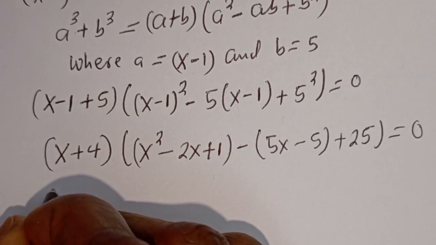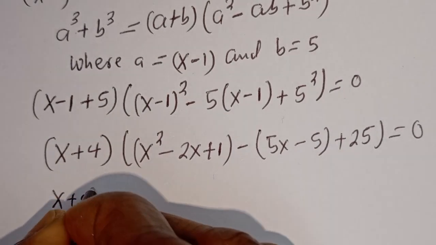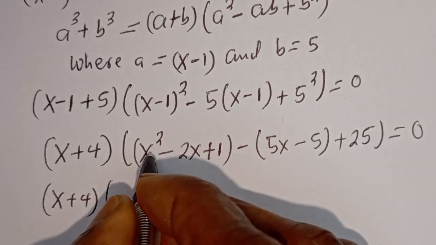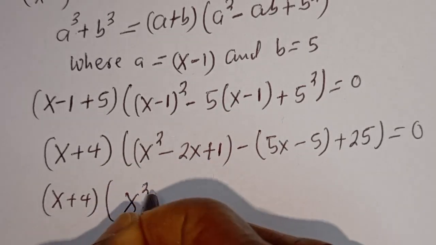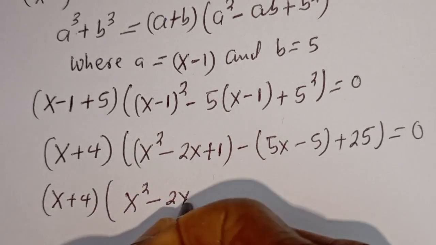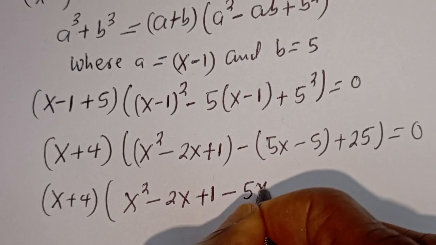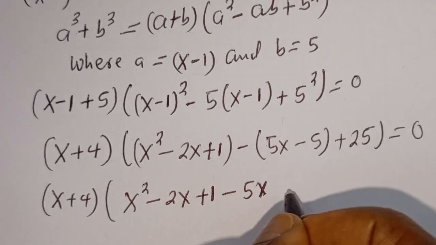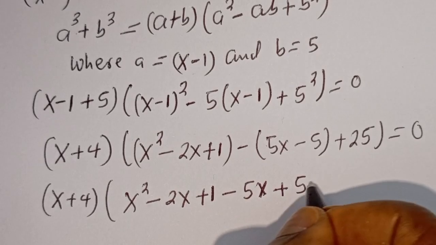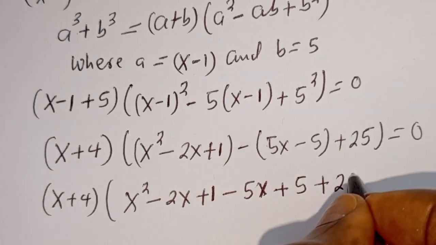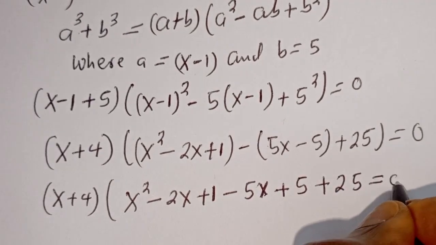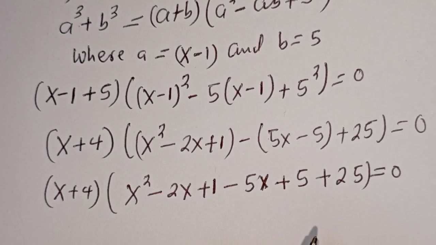Then this is (x plus 4)(x squared minus 2x plus 1 minus 5x plus 5 plus 25) is equal to 0.